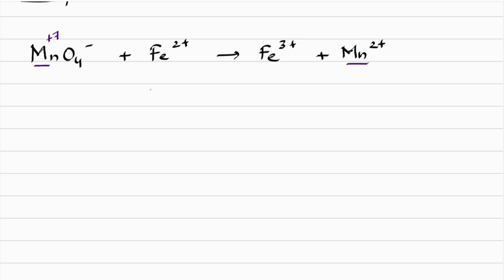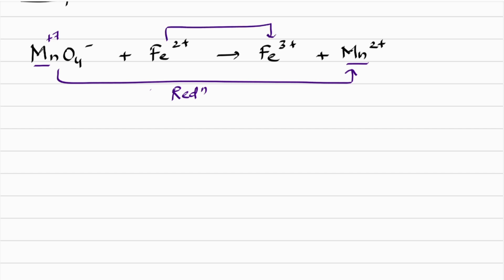So this becomes your reduction half reaction. And ferrous becoming ferric is your oxidation half reaction. So now let's divide this equation into the two halves.